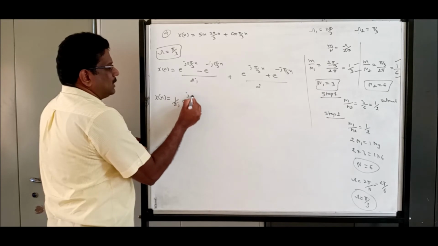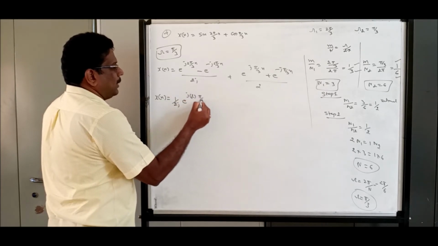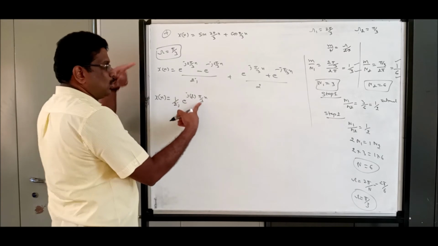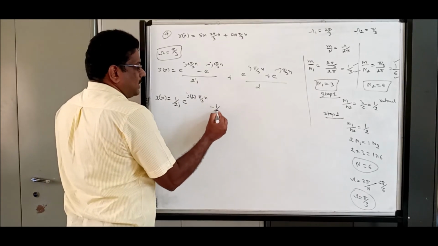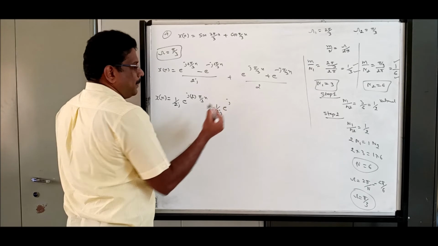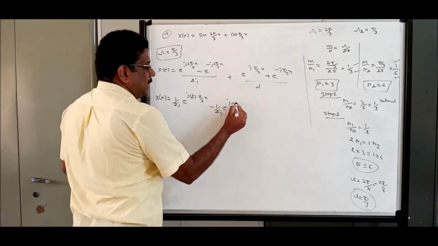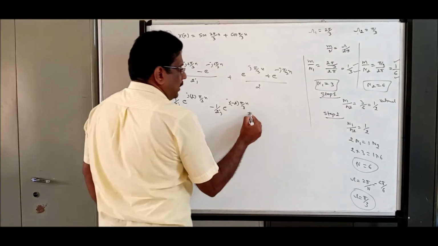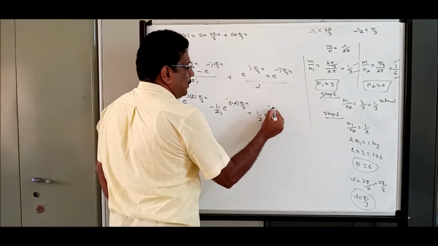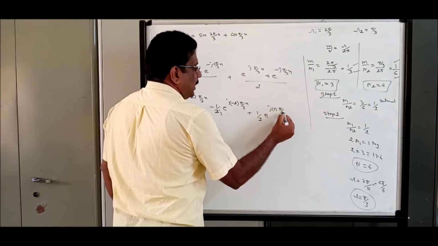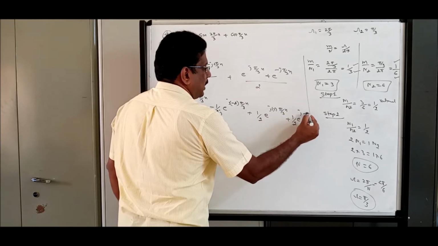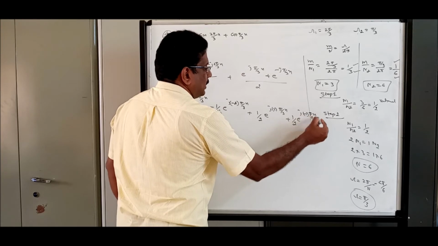1 by 2j e power j 2 pi by 3n. Here this is the k value, this is omega. Minus 1 by 2j e power j minus 2 pi by 3n plus 1 by 2 e power j 1 pi by 3n plus 1 by 2 e power j minus 1 pi by 3n.